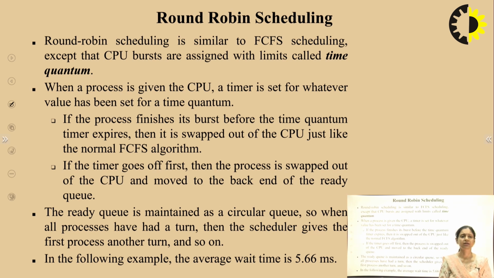In case the process is not able to execute in that time quantum, then another process will come up and preempt it. So here the swapping in and swapping out comes up, where once the time quantum gets completed, the process swaps out and the other process enters.